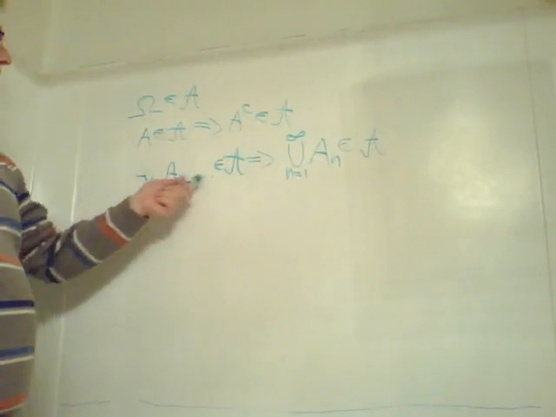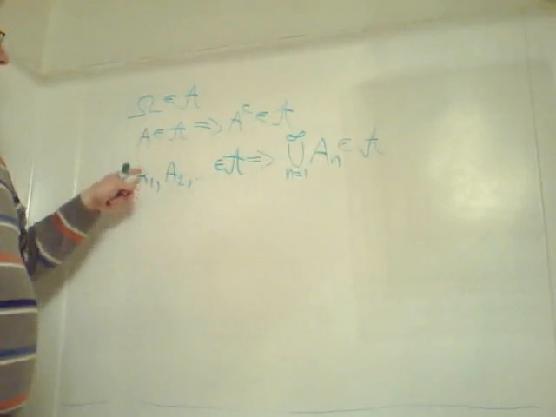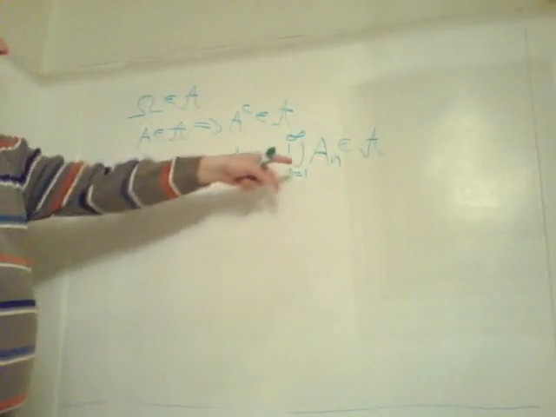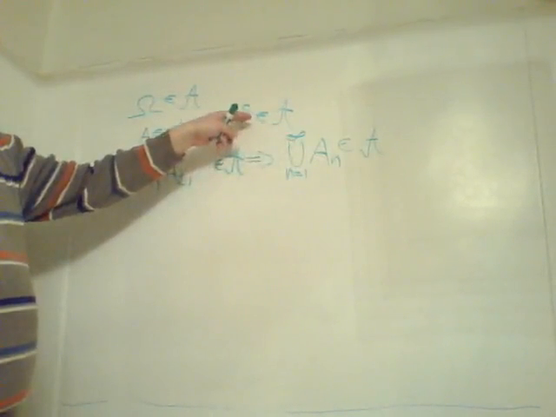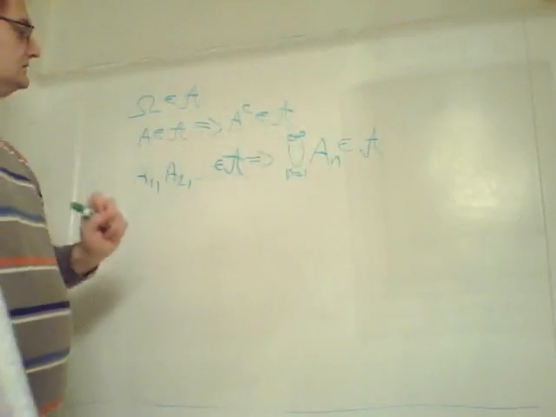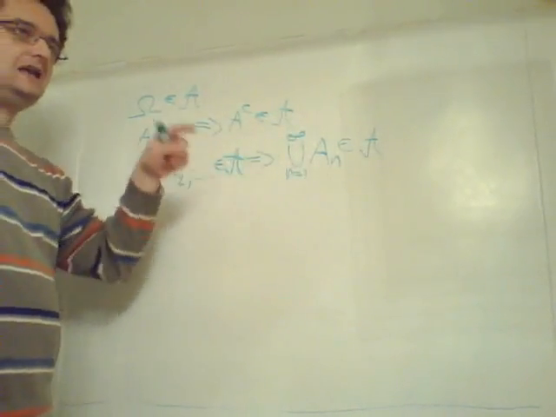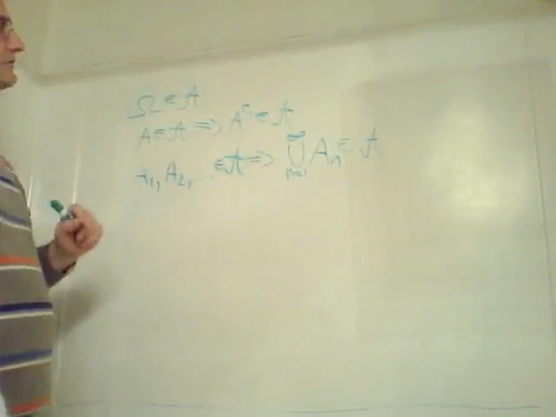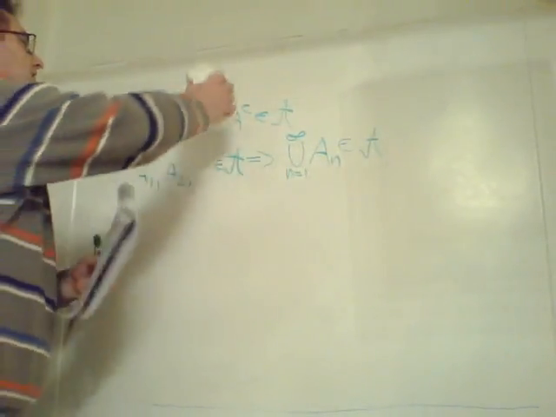Simply take A1 to be A, and A2, A3, etc. to be the complement. So the union is just the same as A union A complement, which is the entire omega. So actually we can delete this requirement.